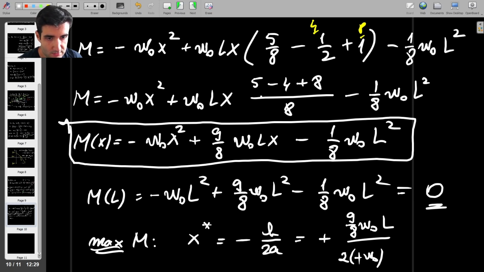The W naughts cancel out, so this is 9 over 16 L, which is slightly more than half. 8 over 16 is half, 9 over 16 is just 1/16 more than half.